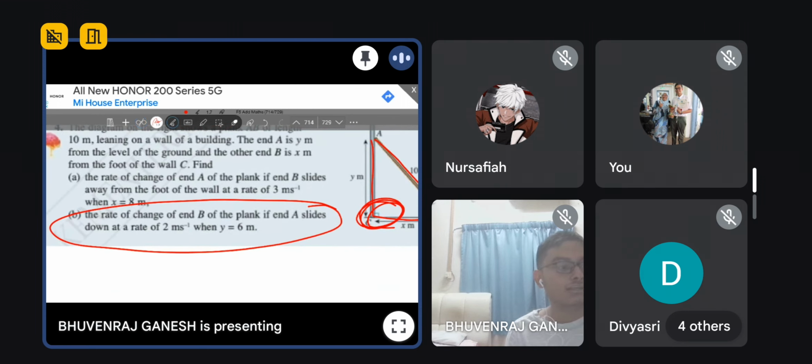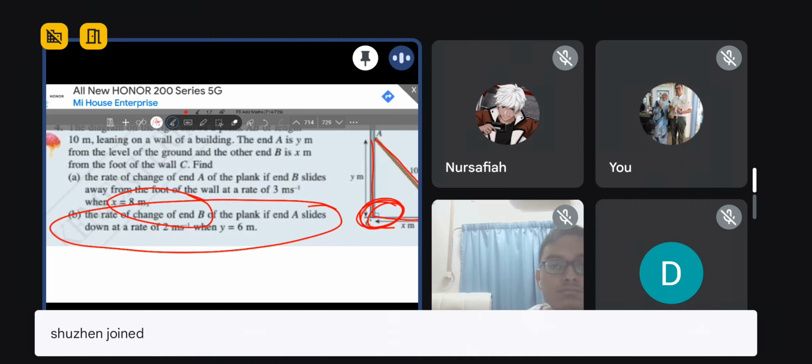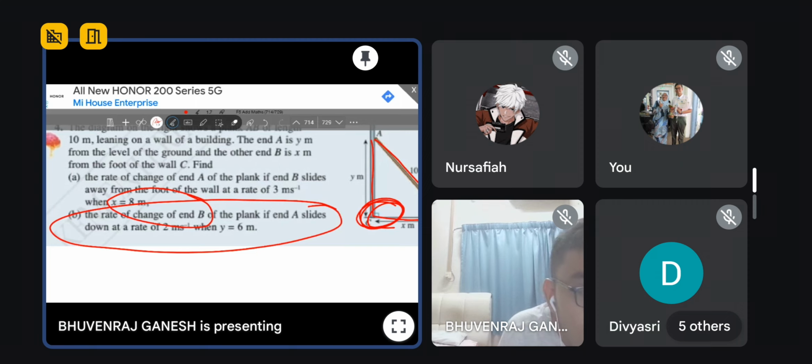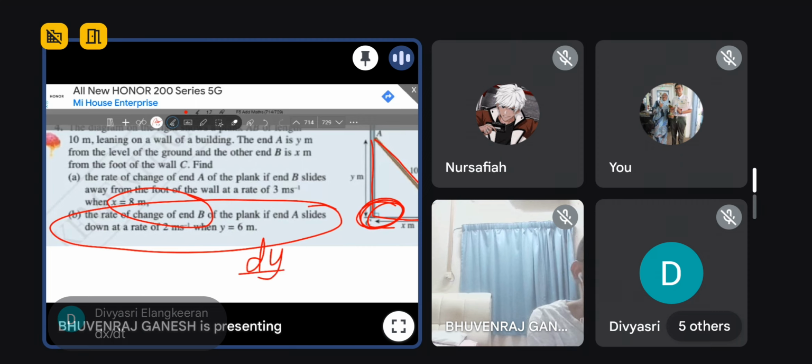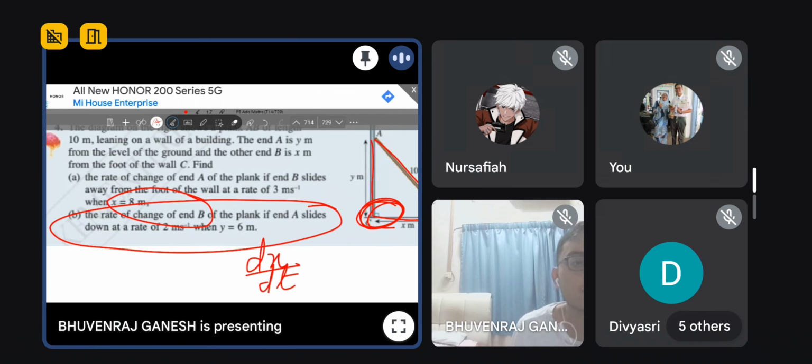Okay, so yeah. Okay, we go to part B. So they ask you rate of change of NB. Kadar perubahan for B. So this question, what is the symbol for part B? I think this one also is dy, sorry, not dy pula, dx dt, correct. Okay, you have to find your dx dt.